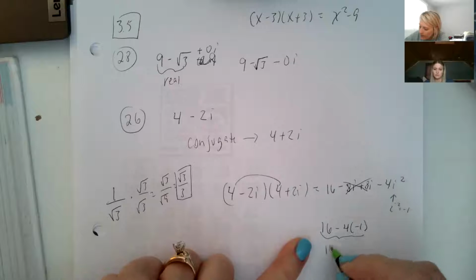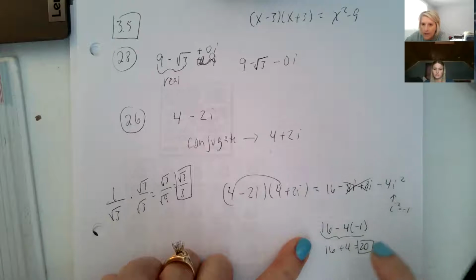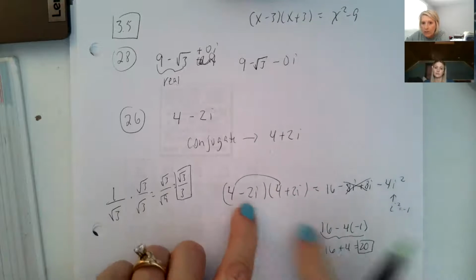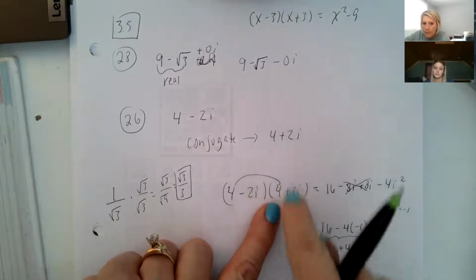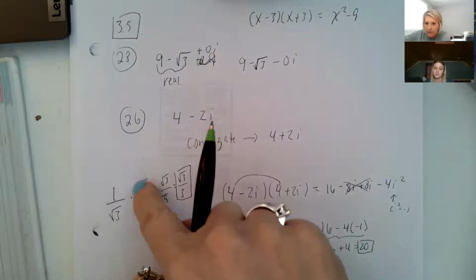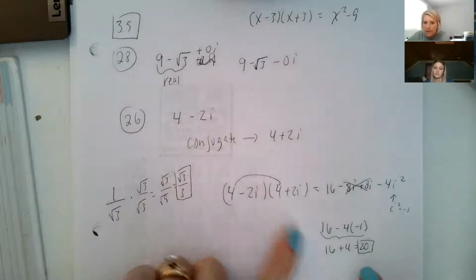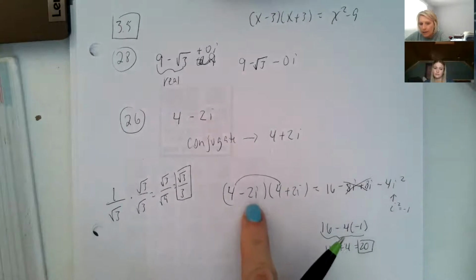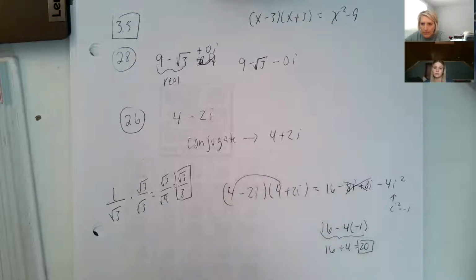And that simplifies to 16 plus 4, which is just 20. And so you're going to use this thinking of the conjugates to multiply by the conjugate on the top and the bottom, like we multiplied by the square root of 3 over square root of 3, so that your denominator now becomes 20 instead of having this complex imaginary number in the denominator. Okay. So it's down the road a couple of sections, but yeah.